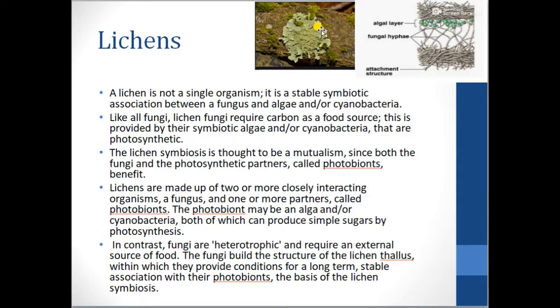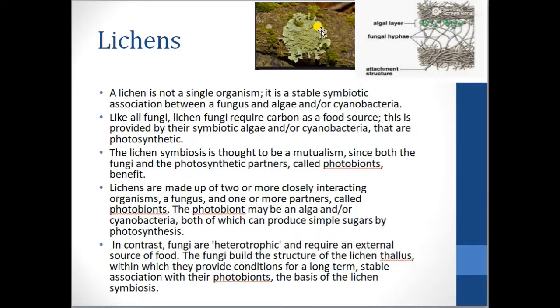Like all fungi, the lichen fungus requires a carbon source, a food source. This is mainly provided by the alga or the cyanobacterium, which is photosynthetic. The lichen symbiosis is thought to be a mutualism, since both the fungus and the photosynthetic partners, called the photobionts, benefit from it.